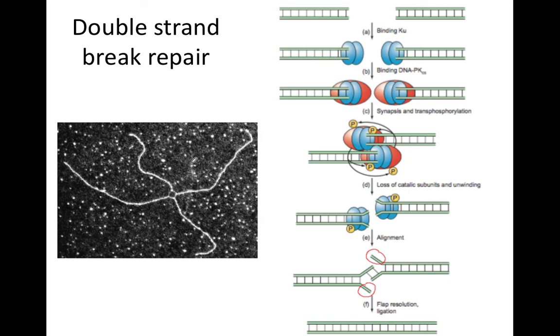This micrograph here shows the recombinational repair happening in this part. If you remember in our discussion on DNA replication, we said that the ends of the DNA have to be tucked in so that repair enzymes will not touch them.